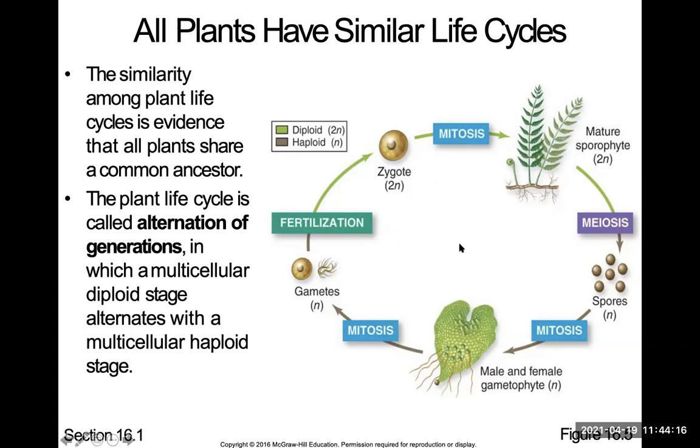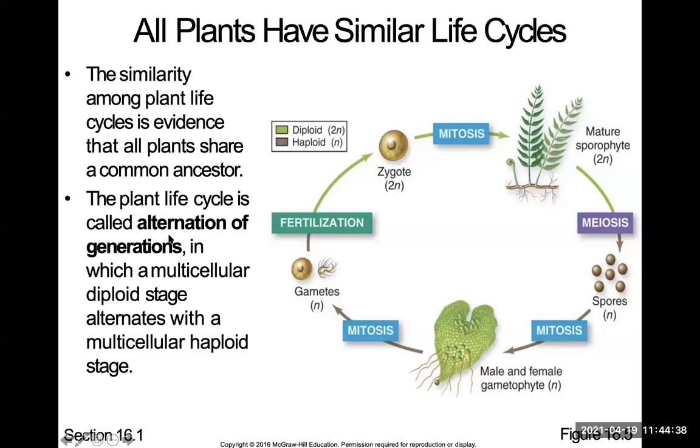Once you have this memorized, then we can go in and tweak it maybe for the cone plants, the fern plants, or the mosses. So we can tweak it a little bit, but overall the generalized life cycle is the same. Because this life cycle is the same among the plants, it's the evidence that plants share a common ancestor.